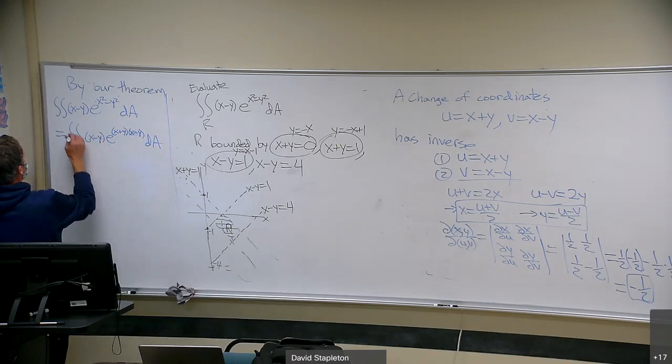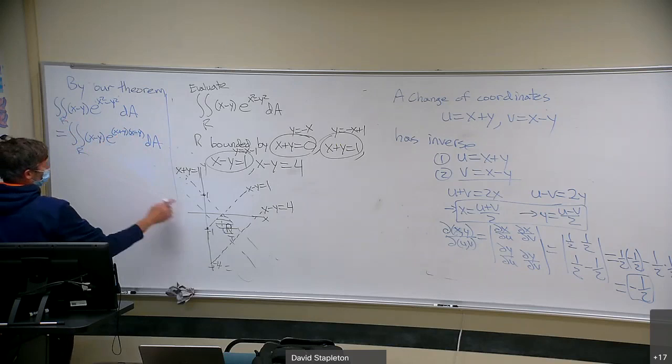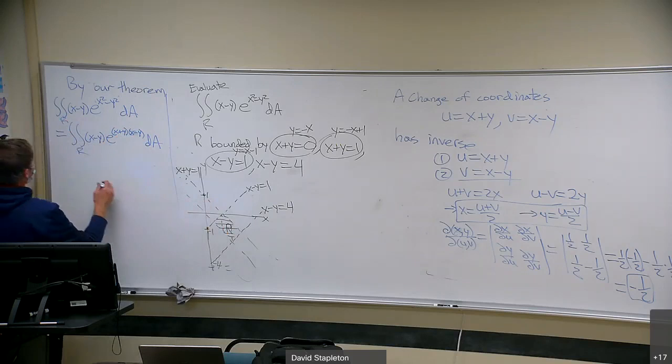dA over the region R, this tilted rectangle, if you will, can be rewritten as a double integral over S, the region in UV space whose image this is.